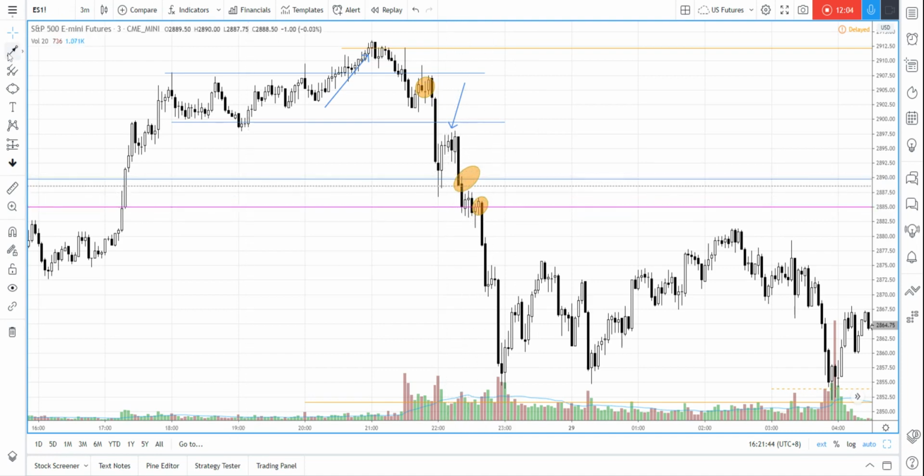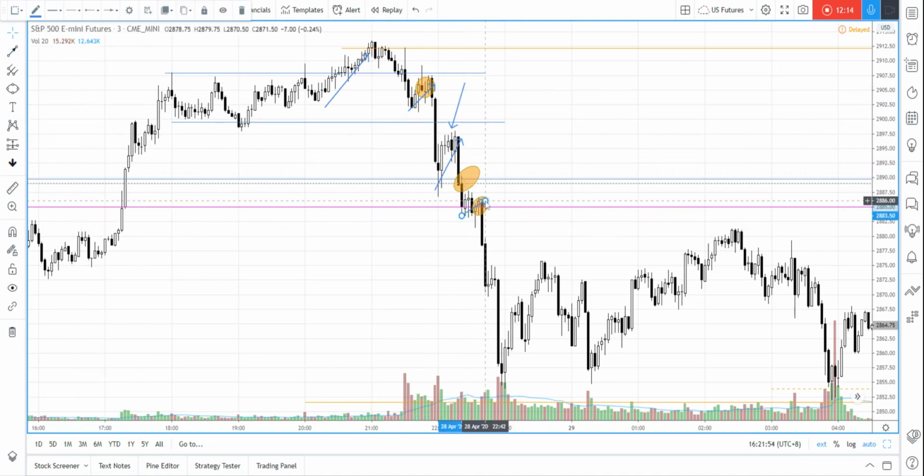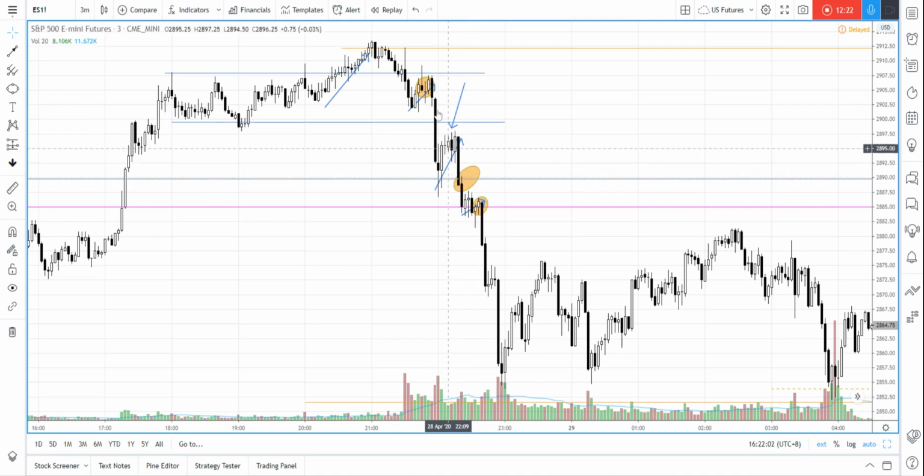You can see that the first rally is somewhere here. This is the second rally, but we get a very strong rejection. And look at the third rally. It's basically just a trading range, a small consolidation without really going up much like the previous two rallies.